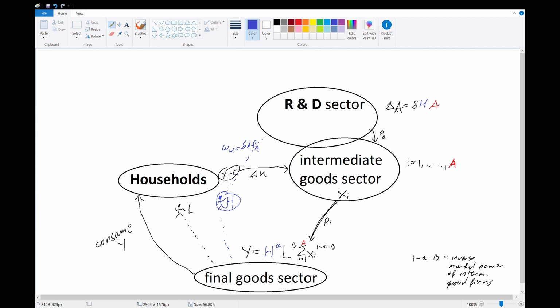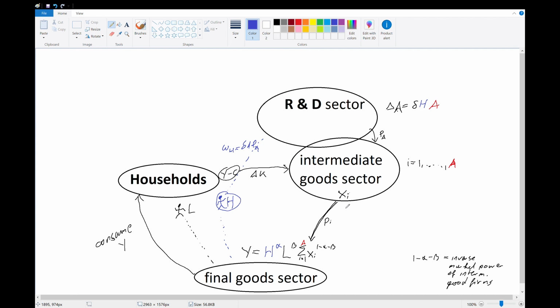And this is the great intellectual achievement of Romer, to model both of these uses or features of technology, non-rival use with external effects and an excludable use here in a general equilibrium model.